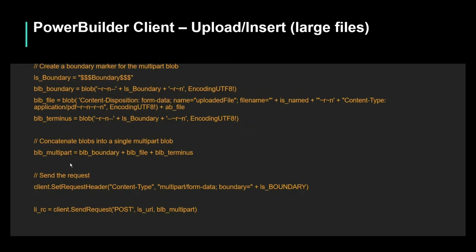And once all those blobs are concatenated together, you can then use that to set the request header. And then ultimately you make a call to the API using the send request with the post method. And again, we've got a URL specified, and then the blob that contains all of that information.